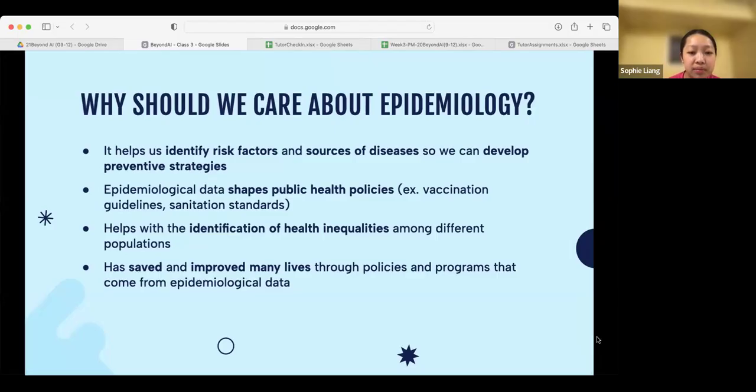It helps with identification of health inequalities among different populations, so people can go and address these inequalities, and it has saved and improved many lives through policies and programs that come from epidemiological data. The data that they collect, you can analyze and draw results from, like we looked at yesterday with biostatistics.